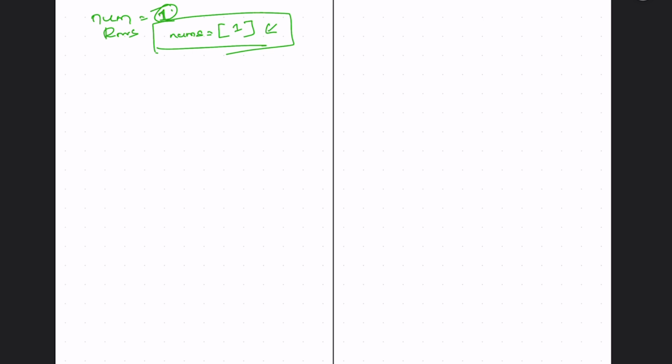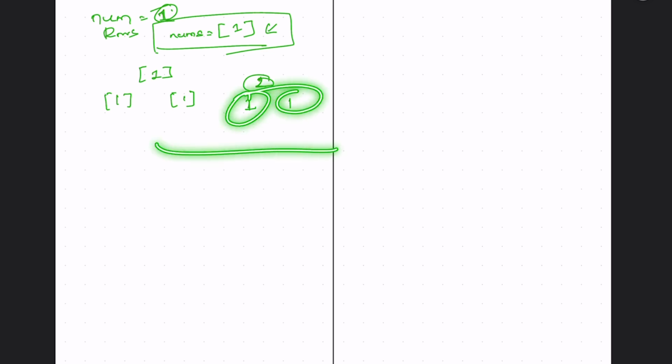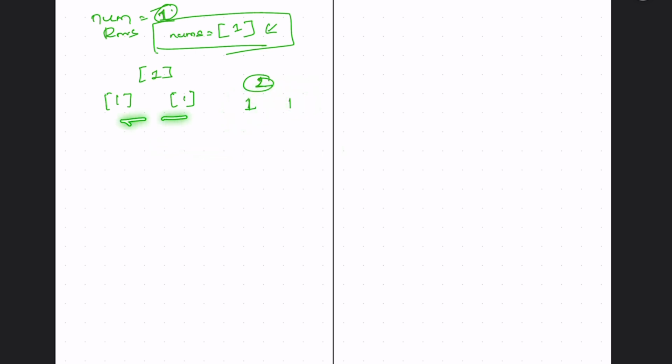Then I equals 2, we will be traversing to the next. We will have the first and last, so I equals 2 means 1 is the first, 1 is the last. Because we have only 2 elements, this will be the first and this will be the last, so we anyway will have only 1s.